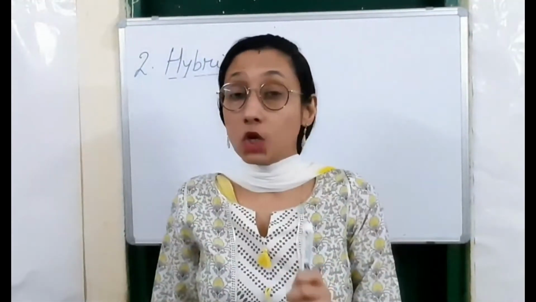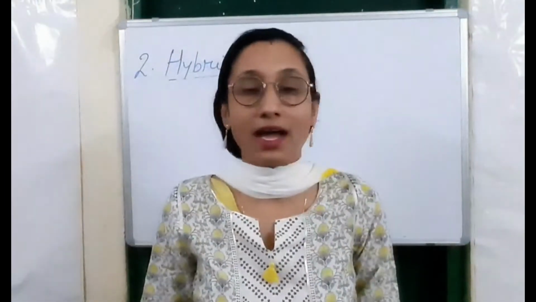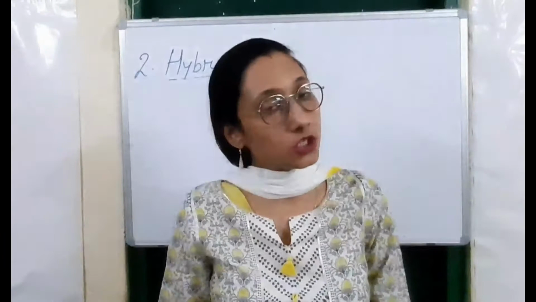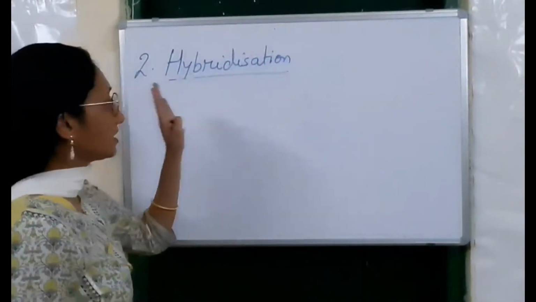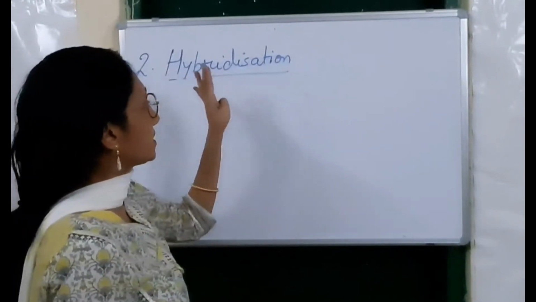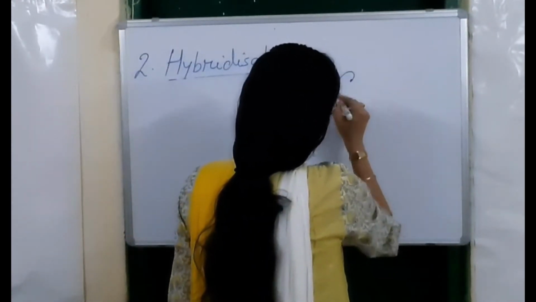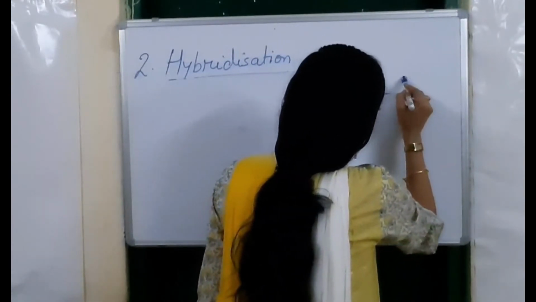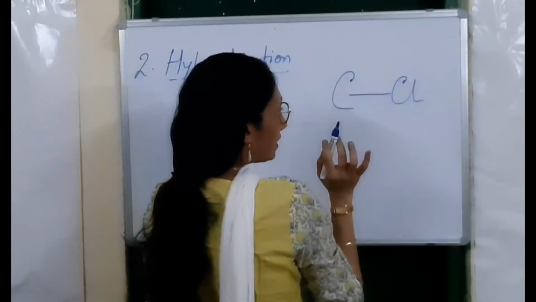Now, the slow reactivity of haloarenes or aryl halides can also be explained with the help of the hybridization concept. Before we discuss this concept, let us first clear this concept. This is a carbon-halogen bond.